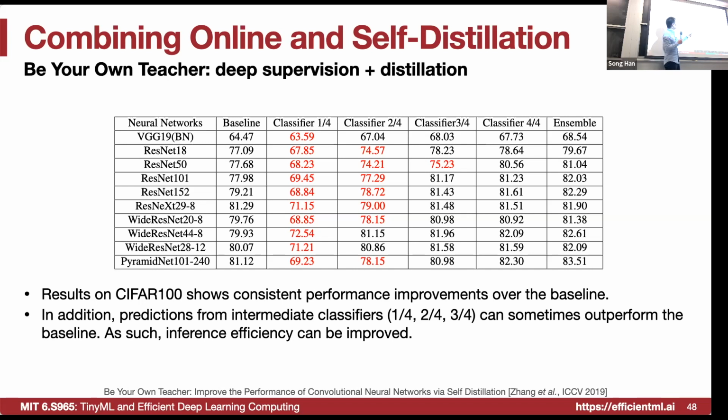If we run through 2 quarters, half of the model, in several scenarios like this one, the first one is already outperforming the baseline model, using deeper layers to supervise these shallower layers.